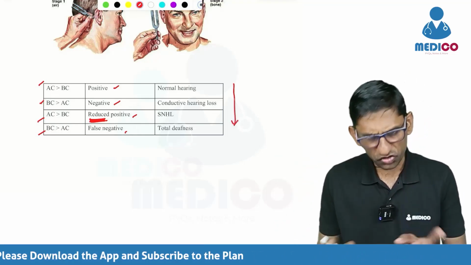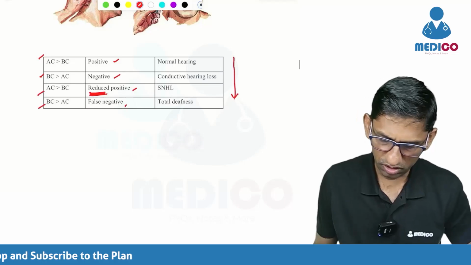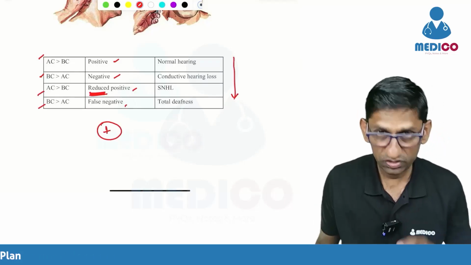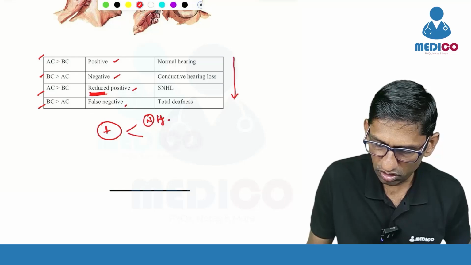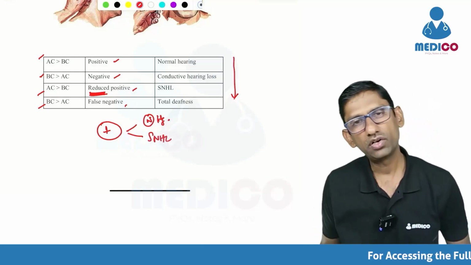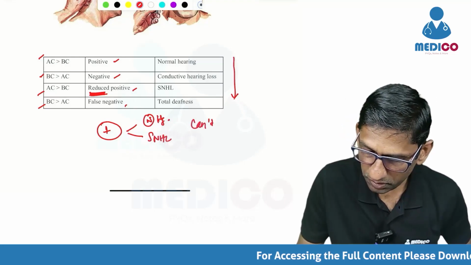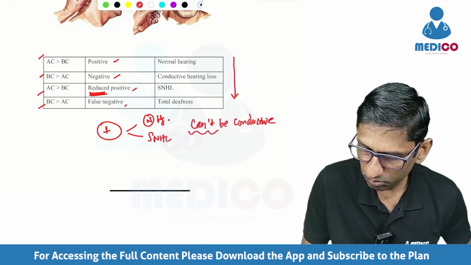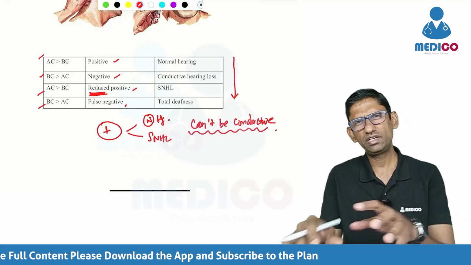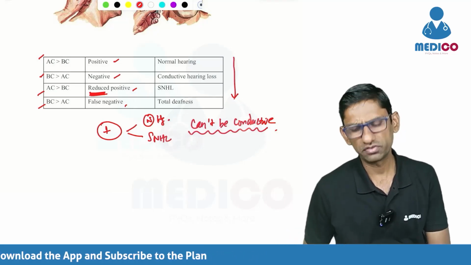Okay. The positive-negative inference is very important. If Rinne is positive as given in the question, it can be either a normal hearing individual or a sensorineural hearing loss. It cannot be conductive. Very, very important. It cannot be conductive. So easily we can pick up the answer and rule out the other options.